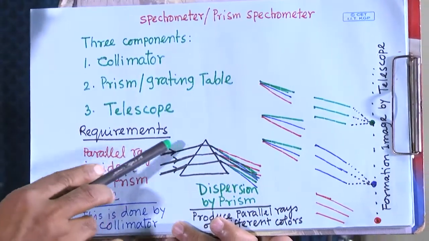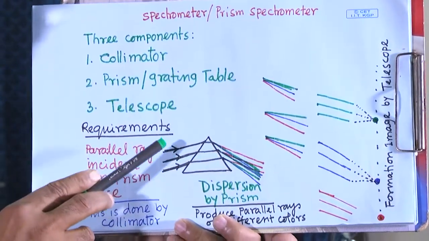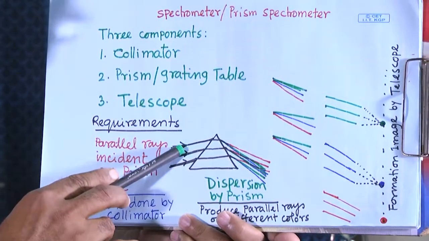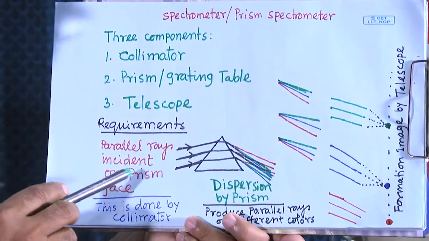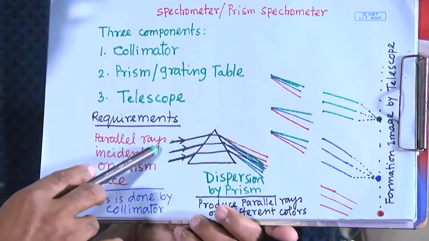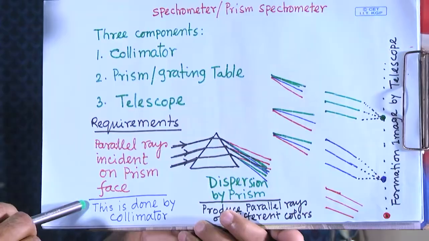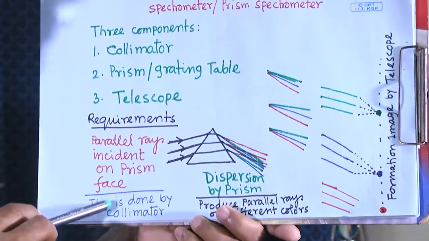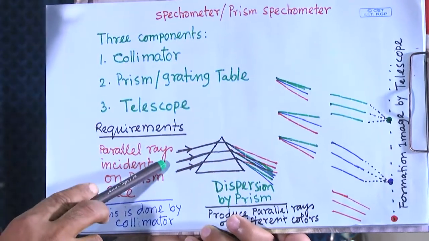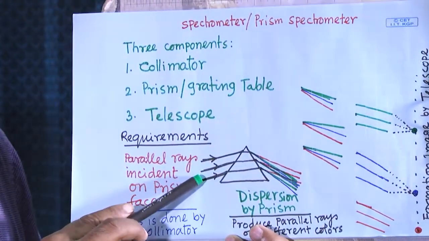Parallel rays will fall on the prism, so we need parallel rays incident on the prism face. These parallel rays we will get from the collimator. The collimator is used to produce the parallel beams which will be incident on the prism or grating.